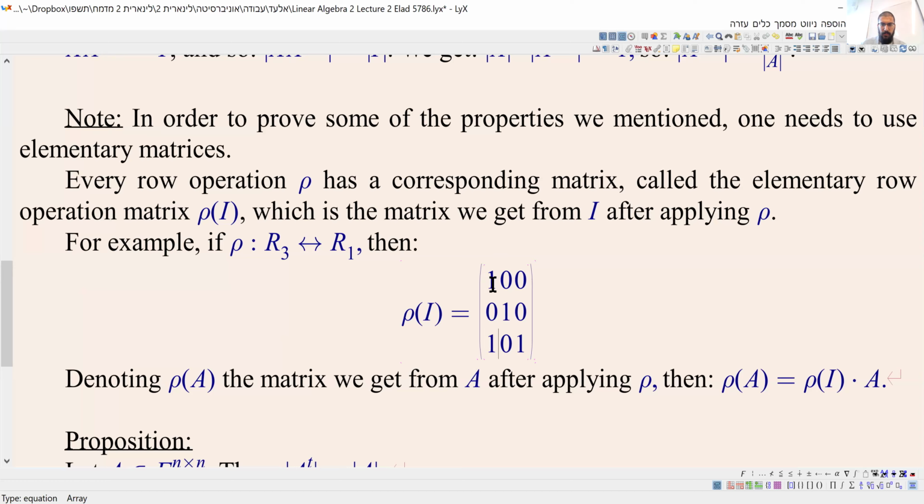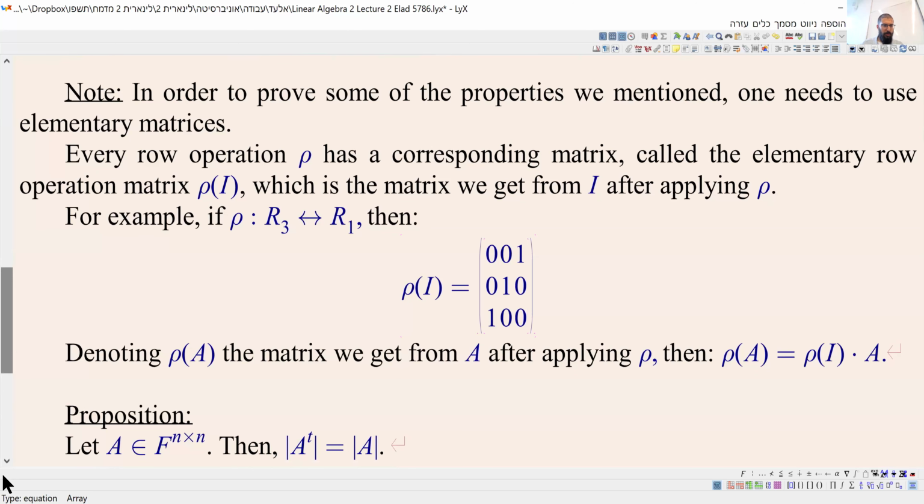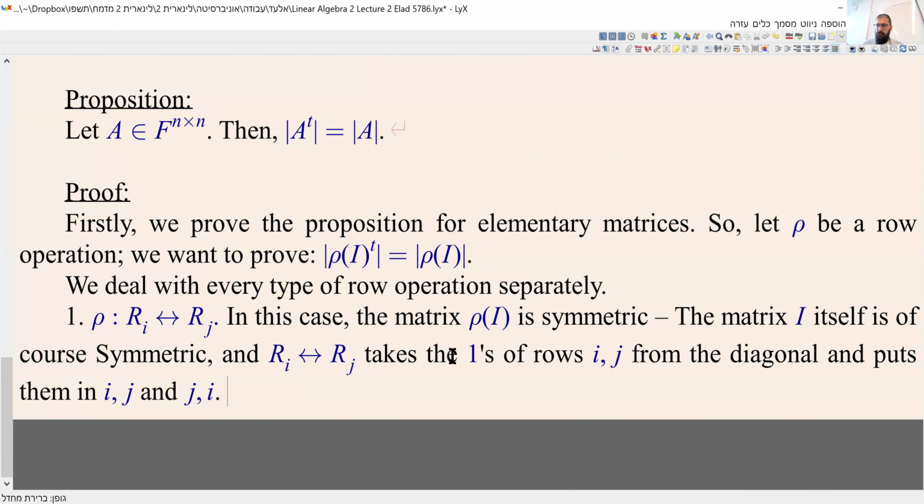So one gets this matrix, and as we said, the ones of row 1 and row 3 go to the places 1,3 and 3,1 in the matrix. So such a matrix is still symmetric.